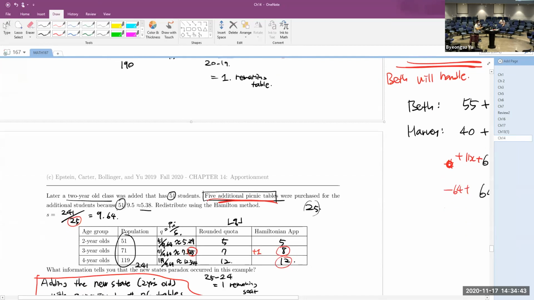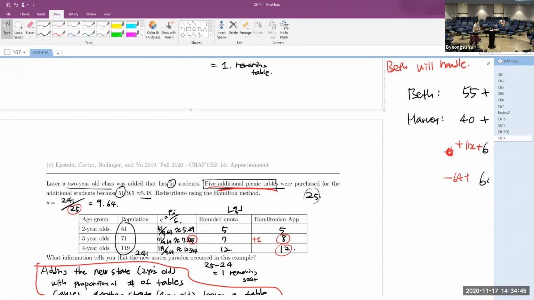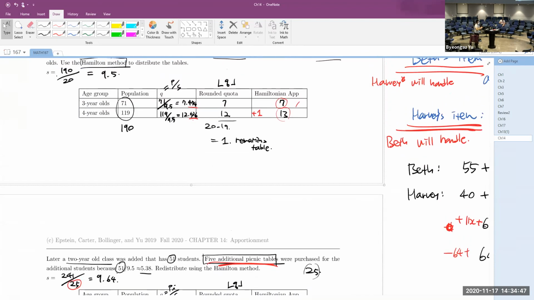However, if you are a state like the 3-year-old one, which gains seats because of Oklahoma, then you like the Hamiltonian rule, right? So it means that there is no one perfect apportionment method in the world, right?